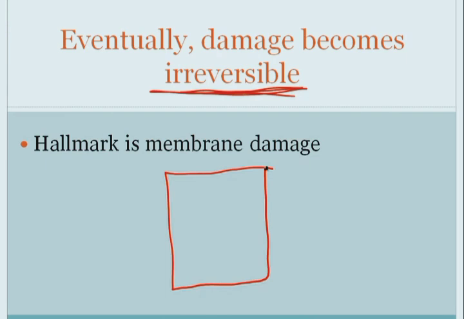When there is irreversible damage, this plasma membrane will be damaged and will be lost. And as the plasma membrane is lost, whatever is present within the cell, for example an enzyme, will leak out of the cell and into the blood, and that will then be a sign of the membrane damage.